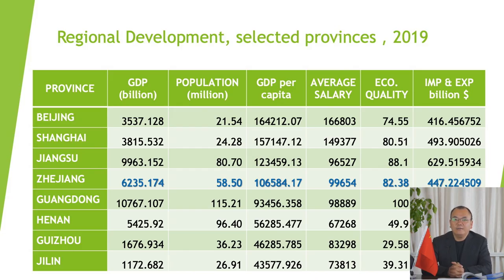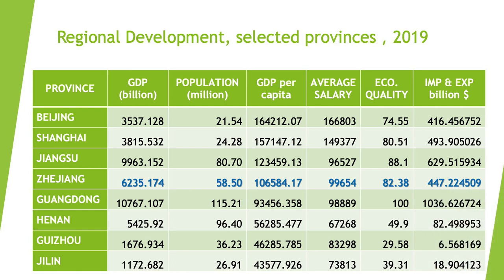Then let's see the last index about regional development. Here are some selected provinces in China in 2019, with their GDP, population, GDP per capita, average salaries, and import and export in billions. In this table, you will find the 8 selected provinces are quite different. For GDP, the biggest province is Guangdong province.